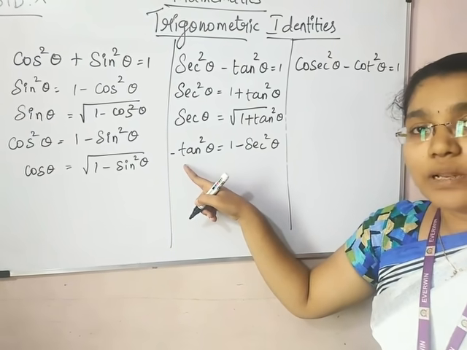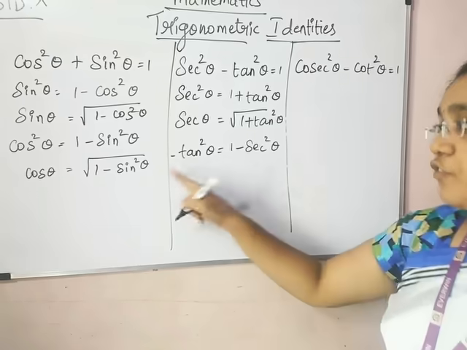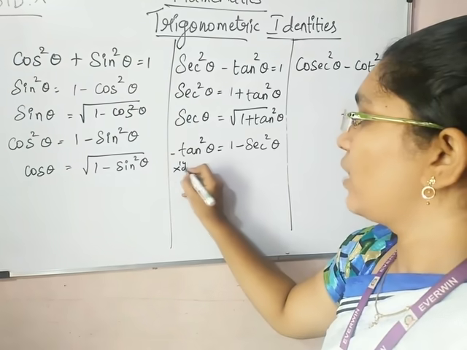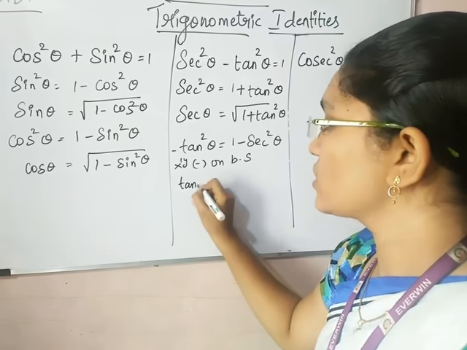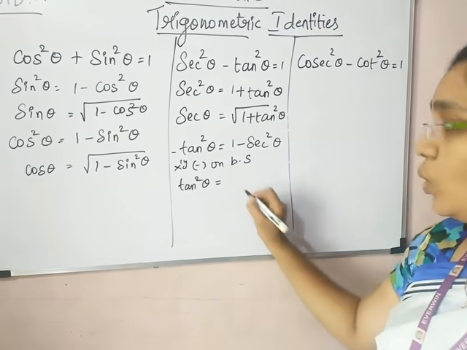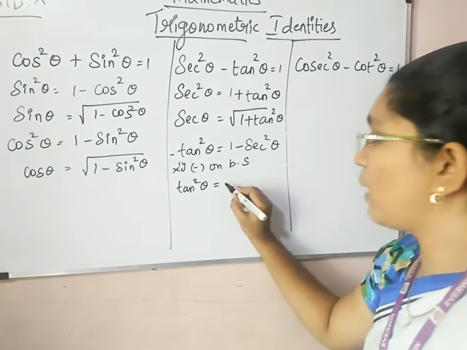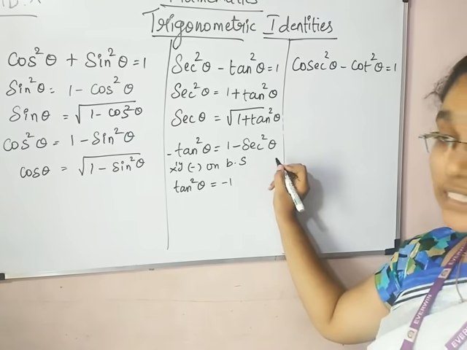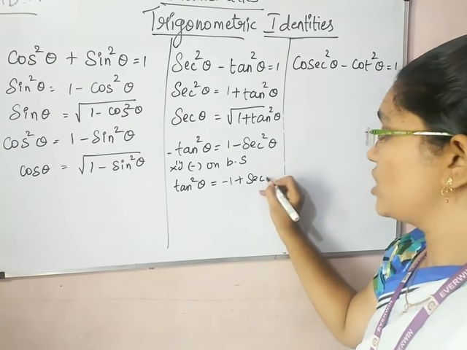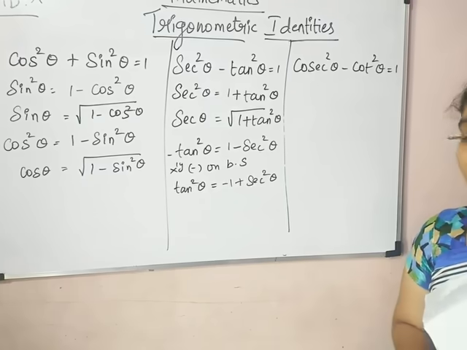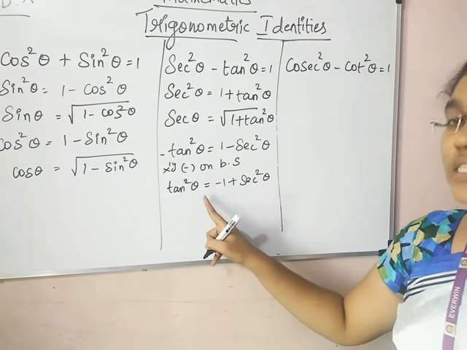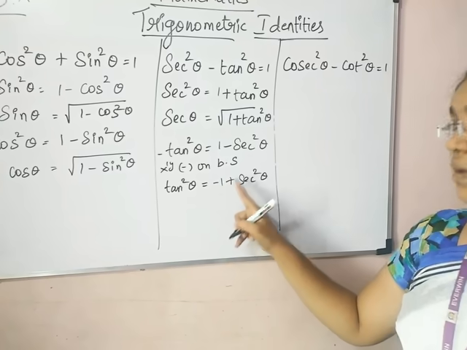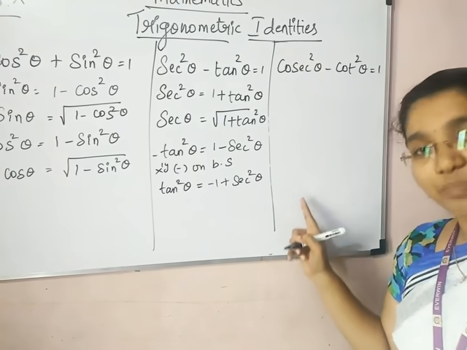By multiplying by minus on both sides. Then tan square theta is equal to minus 1 plus secant square theta.